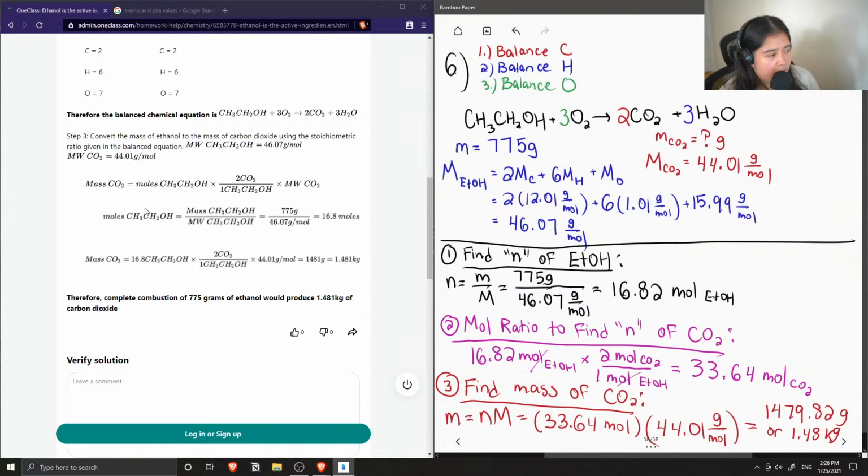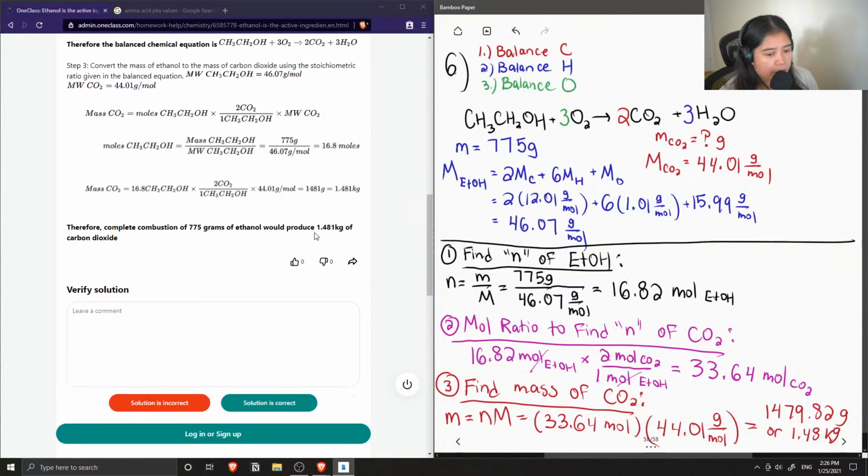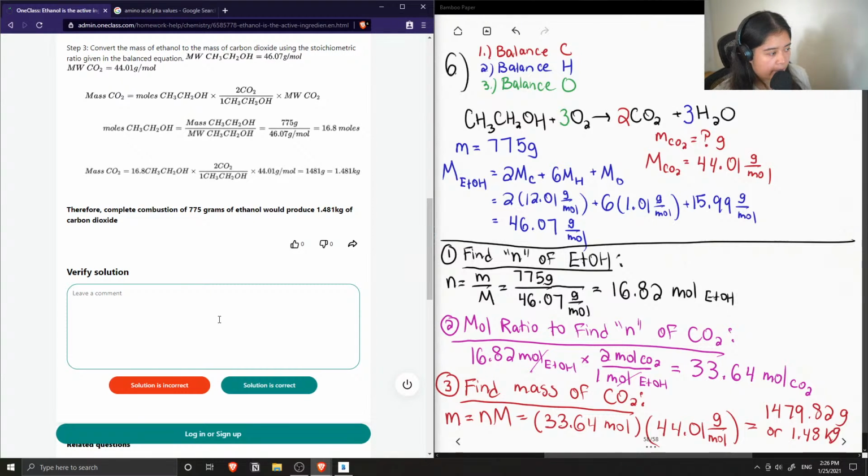Yep, so then they showed how you would calculate the number of moles, mass over molar mass, and they got 16.82 moles of ethanol. And then they used the mole ratio and then multiplied by molar mass to get a final mass of 1,481 grams or 1.481 kilograms. Okay, so this solution is correct.